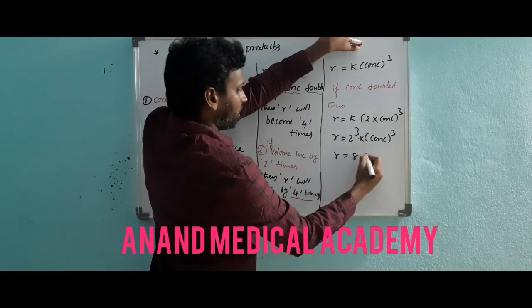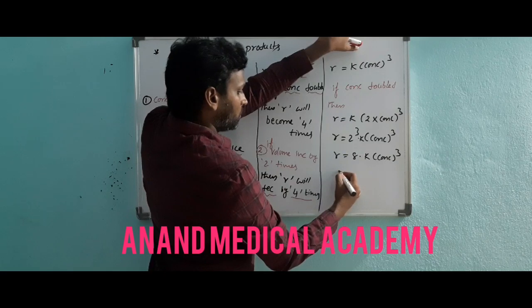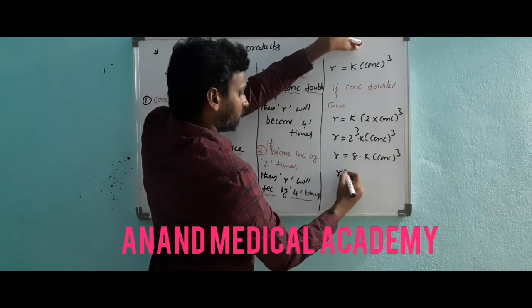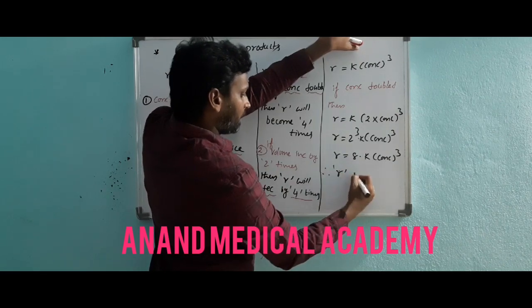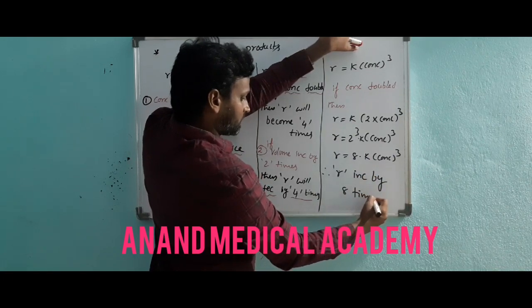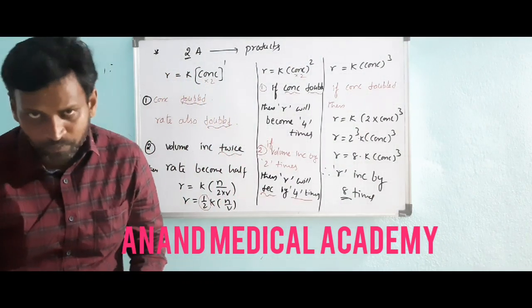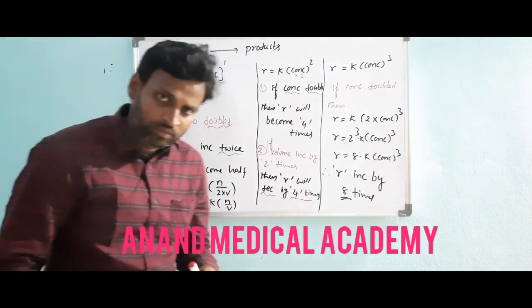So R is equal to 8 into K into concentration power 3. So the rate becomes how many times? Therefore the rate increases by 8 times. You can relate the same for volume also. Can you relate?